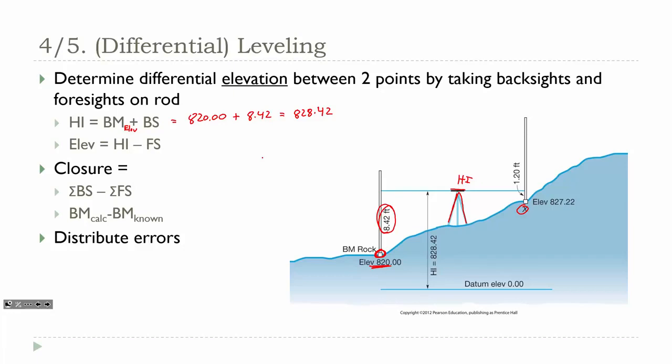Then you're going to move the level rod over to the next point, rotate your auto level around, and take the instrument height and subtract out the rod reading so that you get back down to the point on the ground. So the elevation of that point is equal to your height of instrument of 828.42 minus that foresight reading, which in this case was 1.20, and that gives you an elevation on the ground of 827.22.